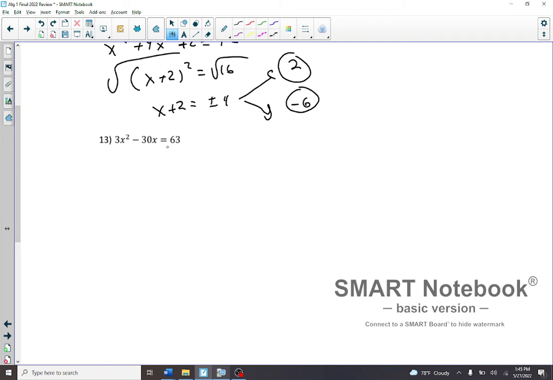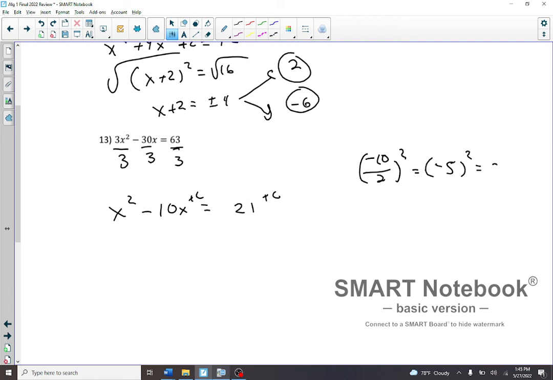Here, before I start, it looks like everything could be divided by 3. So I'll divide everything by 3 to make my life a little easier. So x squared minus 10x equals 21. I need a perfect C on both sides. So negative 10 over 2 squared, negative 5 squared equals 25. So 25 over here, 25 over here.